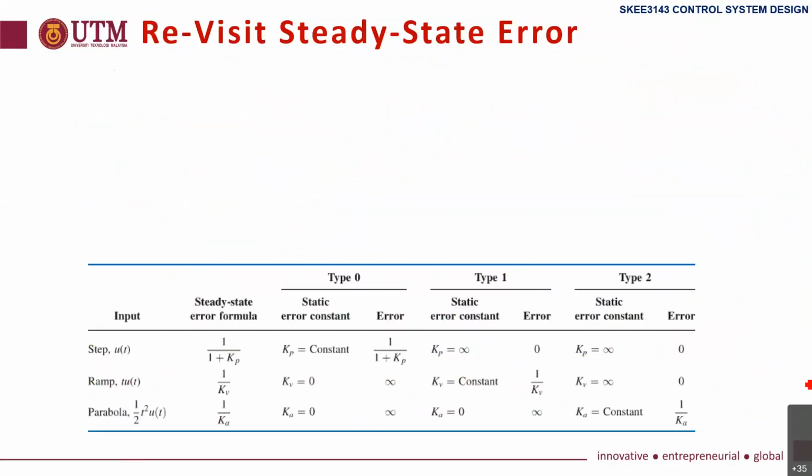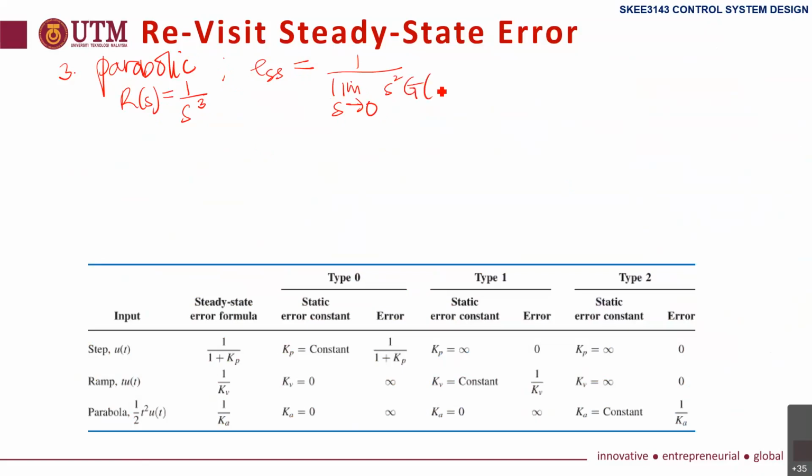Next is the third input, which is parabolic. I think you should have known this, in which R(s) equal to 1 over s cubed. And the error, if you use the same procedure, substitute into that formula, you get 1 over limit s to 0 s squared G(s).